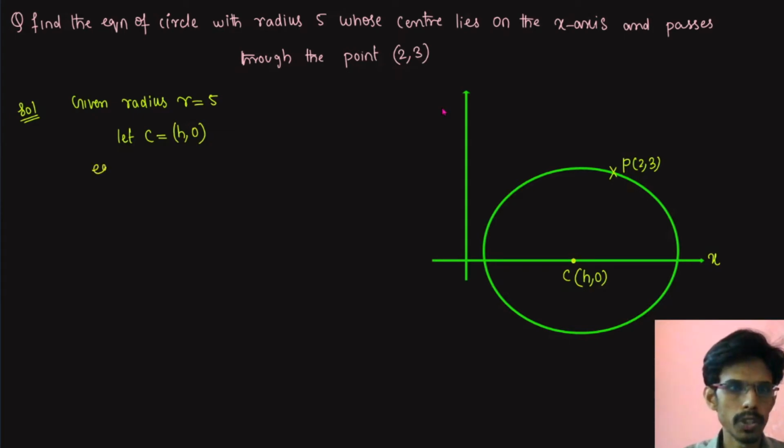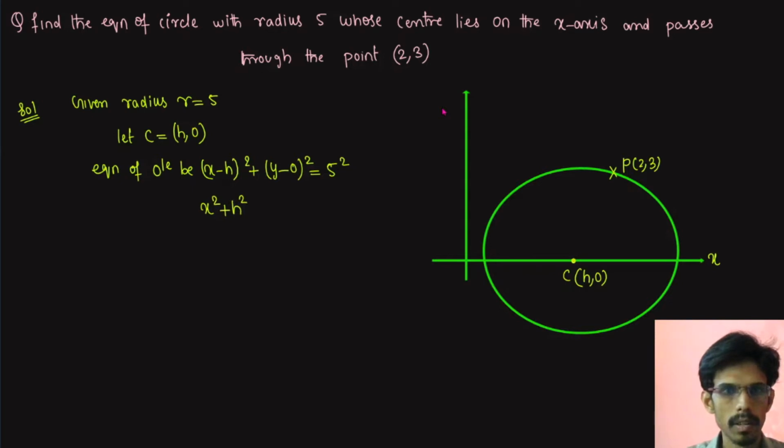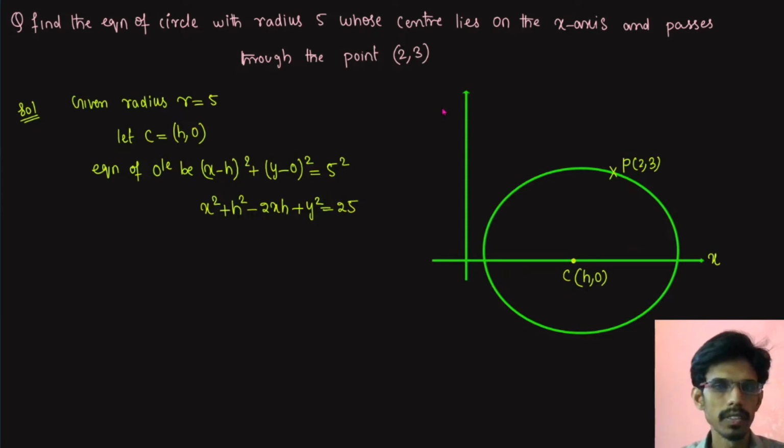So the equation of circle will be x minus h whole square plus y minus k, value is 0 here, y minus k whole square equal to r square, r value is 5 square. Now this will be x square plus h square minus 2xh plus y square equal to 25. Now let us take this as equation 1.